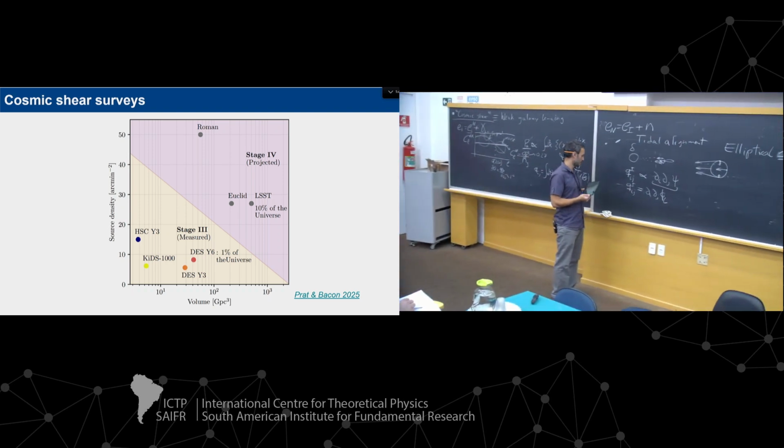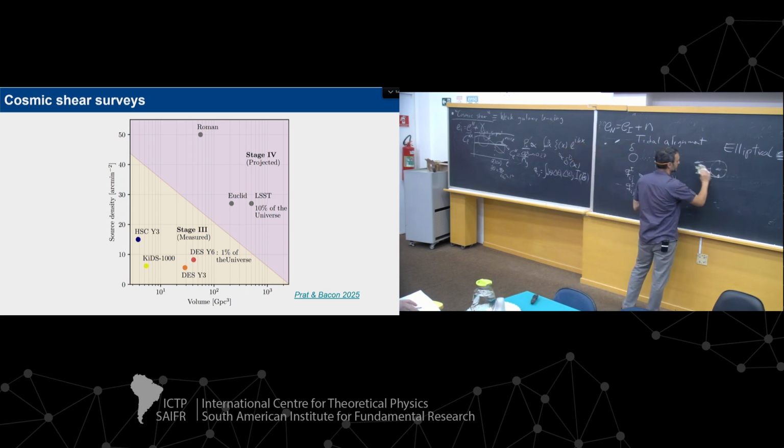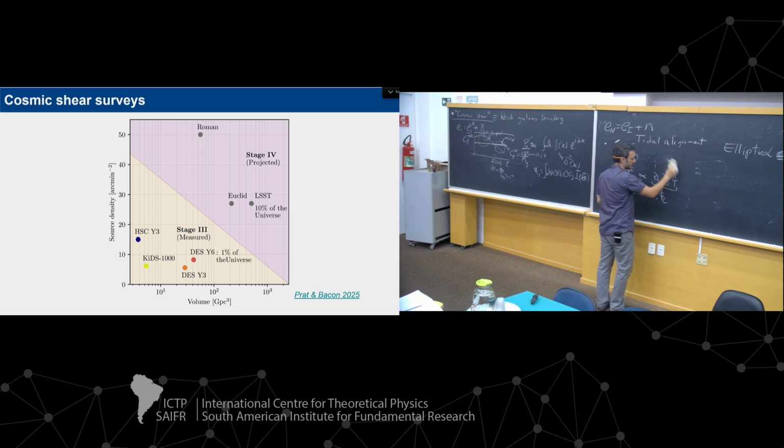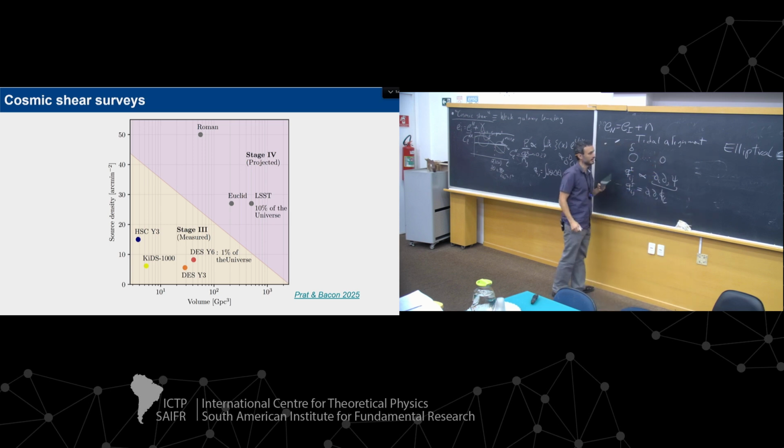So just imagine what should happen to the Earth as it rotates around the sun. If you imagine this is the sun and this is the Earth, the Earth is a finite planet, right? If you look at the gravitational forces on the Earth, there should be a gravitational force on this side of the Earth and on the other side, but this one should be a bit weaker, right?